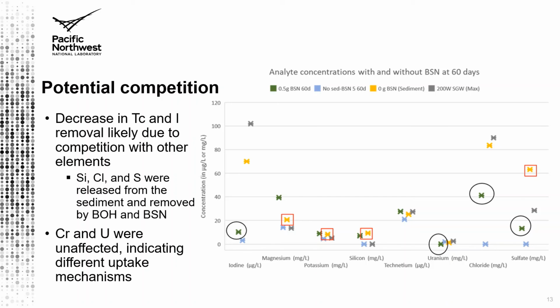Also in the BOH test, we saw that silicon was being removed by the BOH. These are the likely competitors that may have caused the decrease in the technetium and iodine removal, as these are all coming from the sediment as well as being present in the background solution.